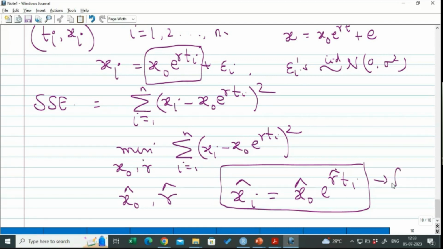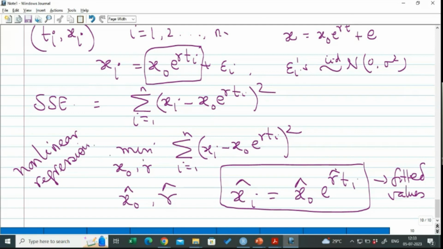So these are your fitted values. Since it is a non-linear function, that is why it is called non-linear regression.